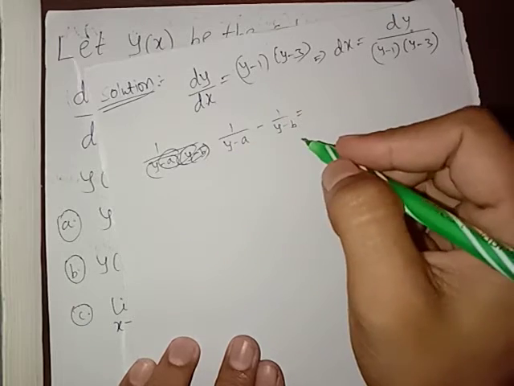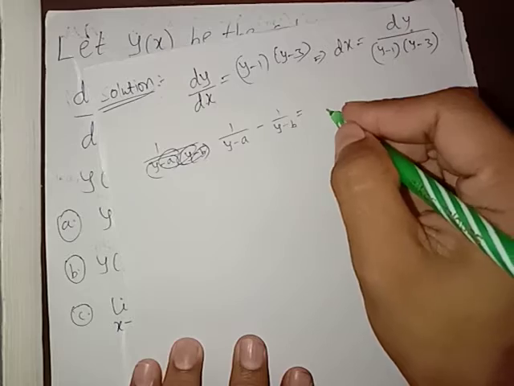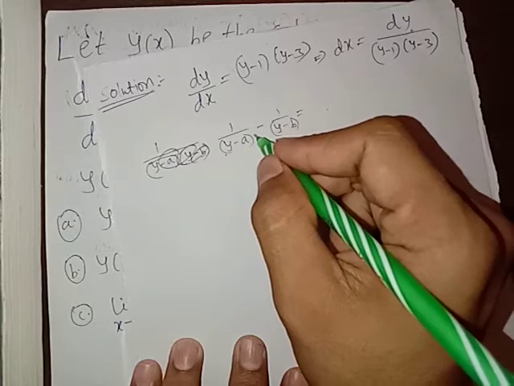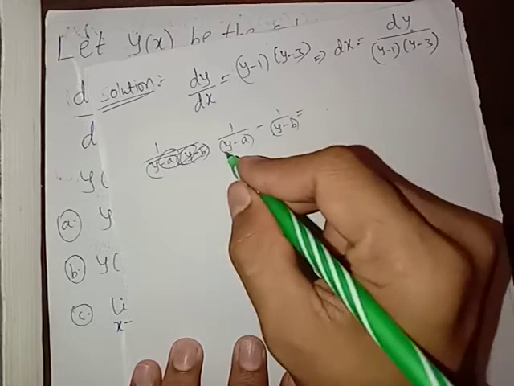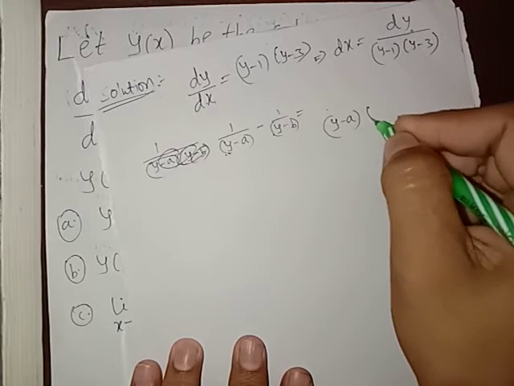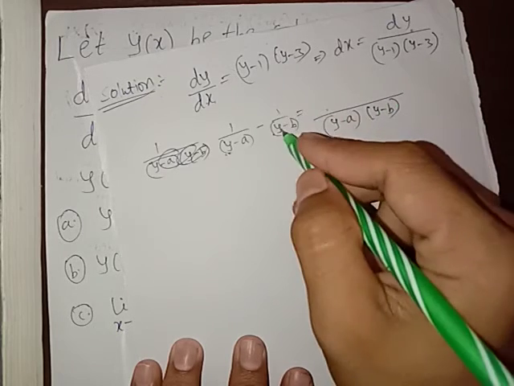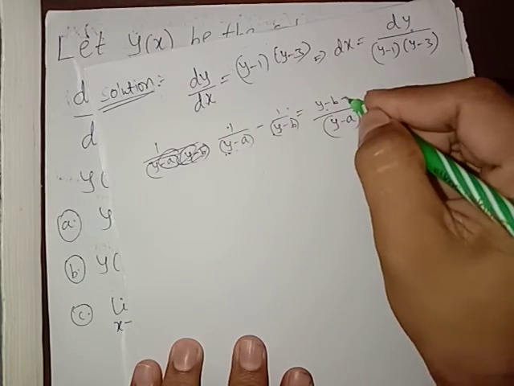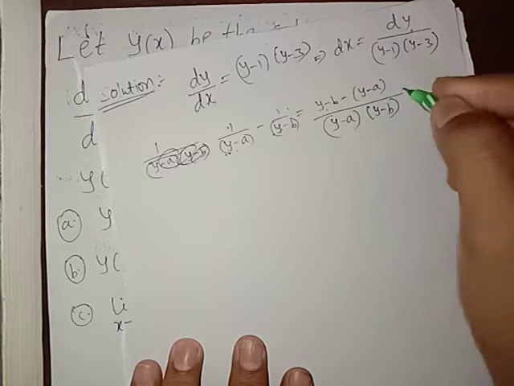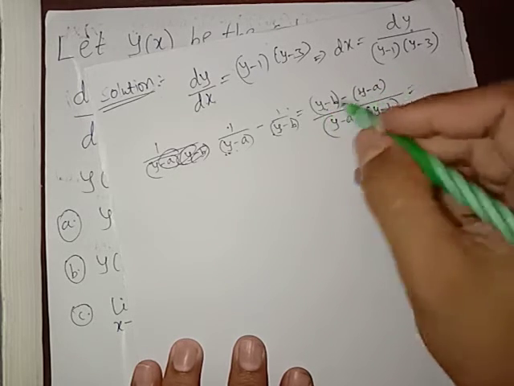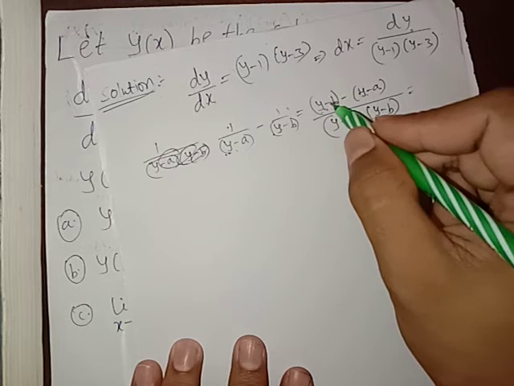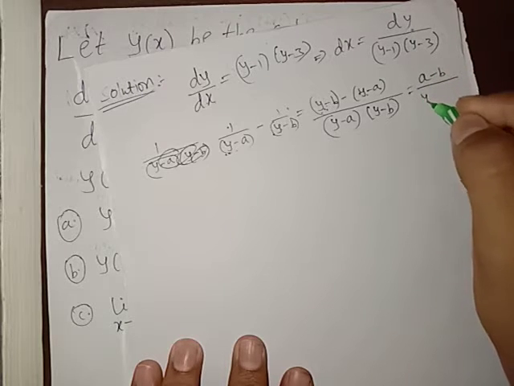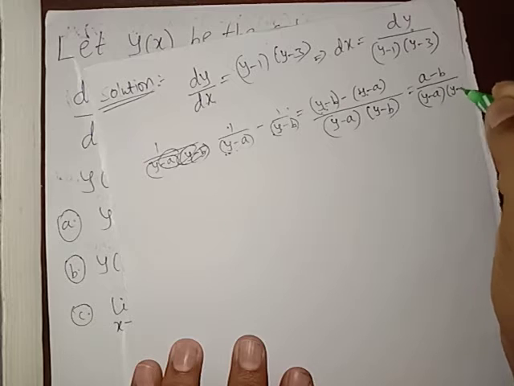What does it give? To make the denominators the same, we multiply both sides by y minus a into y minus b. This goes to here, y minus b, and this goes to here, minus y minus a. That means y minus b minus y plus a: y minus y is 0, and here minus b plus a, so a minus b divided by y minus a into y minus b.